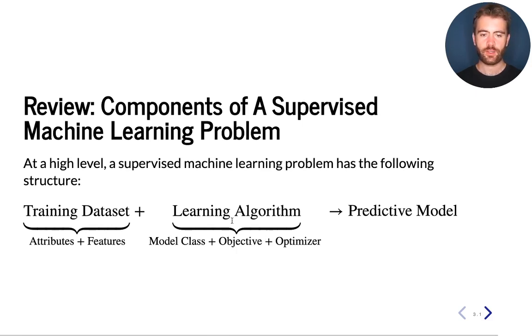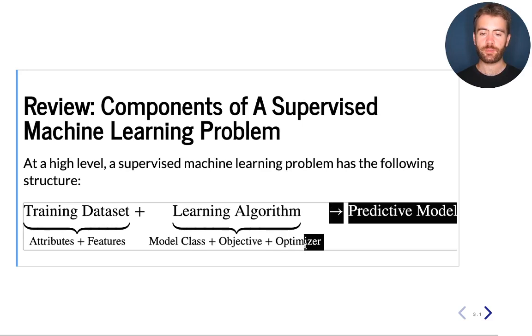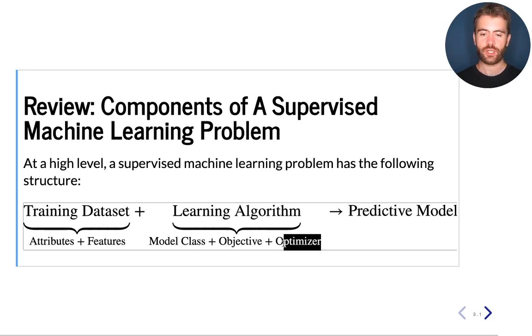And this learning algorithm, we can think of it as having three distinct components: a model class, an objective which ranks the different models within the class of all the possible models by how well they fit the data, and an optimizer or an optimization algorithm that chooses the best model as defined by our objective.